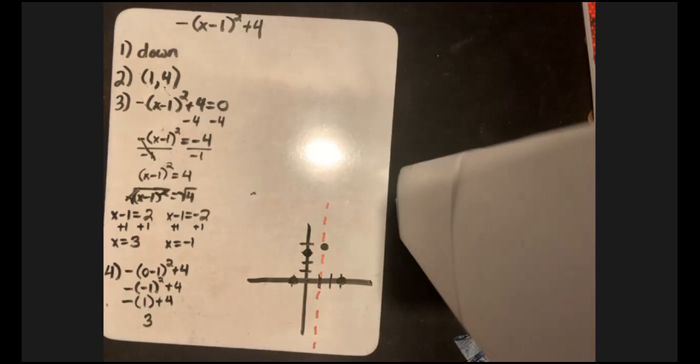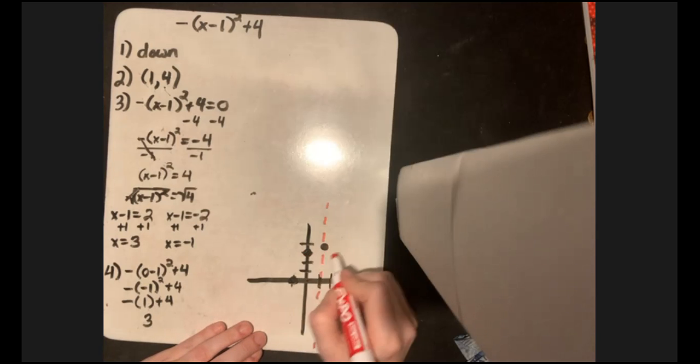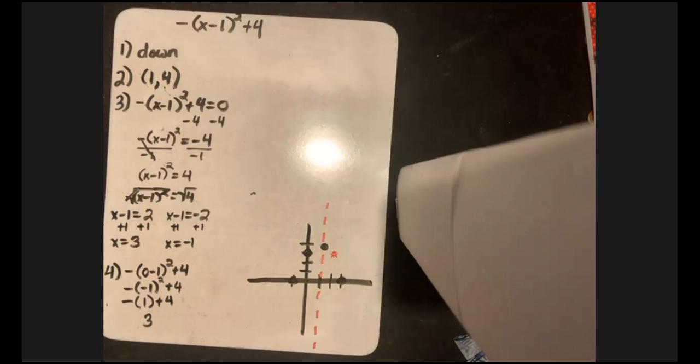Now, what I can do, and this is not a point that I'm doing math for, but because this point is located 1 to the left of our axis of symmetry, if I go 1 to the right of our axis of symmetry, then I will gain an additional point on my graph. And again, I did that one as a star so that you understand I didn't do any math behind it.